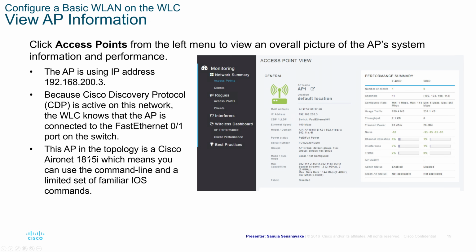This AP in the topology is a Cisco 1815i, which means you can use the command line and a limited set of familiar IOS commands. It also allows command line interface interaction between the device and the administrator, because this particular Cisco 1815i device supports that capability.